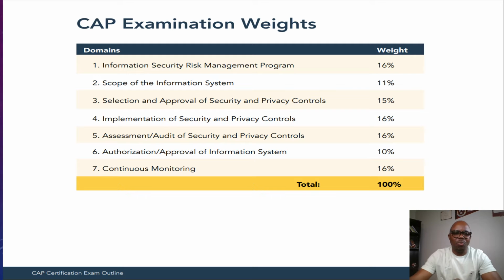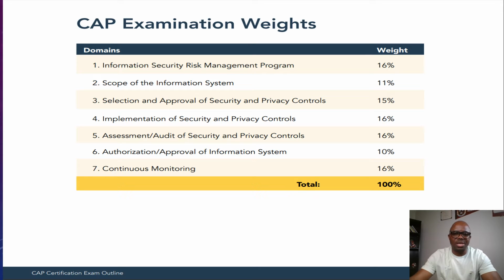We have domain 1, which still maintains the Information Security Risk Management Program. The weight is 16%. Domain 2 is scope of the information system. The weight is 11%. Selection and approval of security and privacy controls carries 15%.